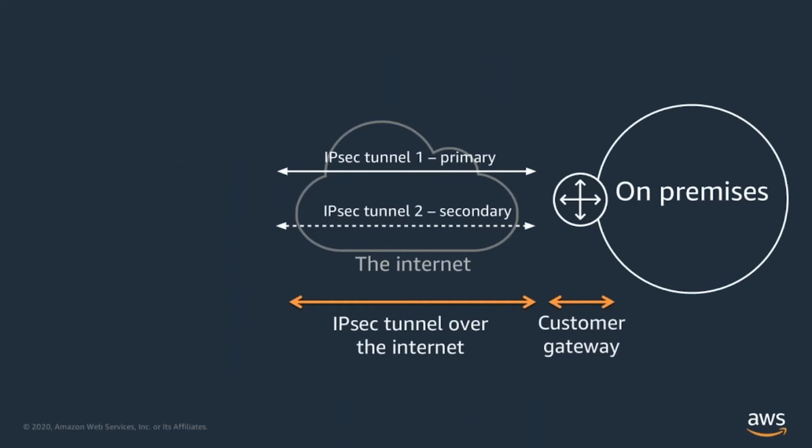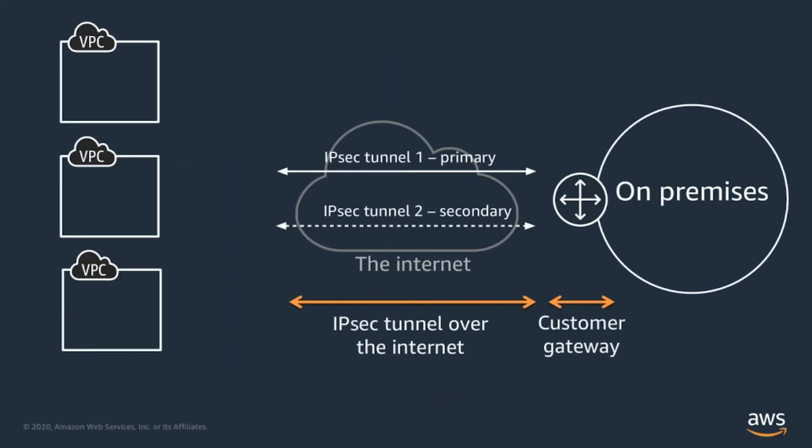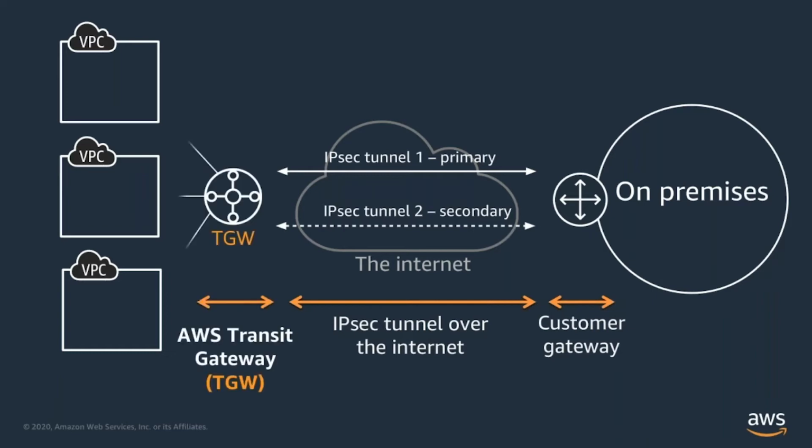If you have multiple VPCs, then it becomes management overhead to have VPN tunnels connecting to many VPCs. For example, if you have 100 VPCs and all require connectivity back to your on-prem, then having hundreds of VPN tunnels and managing these 100 VPNs is not easy. Instead, you can use a transit gateway, which we discussed previously, as a central hub, and then you can terminate your VPN on the transit gateway.